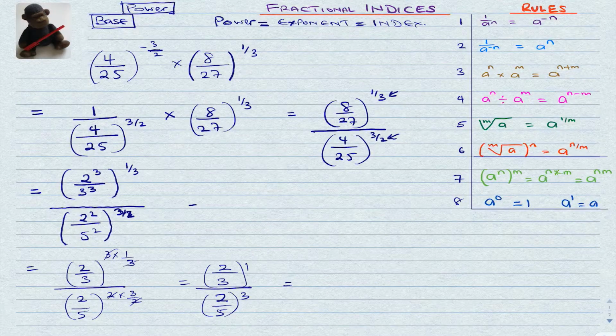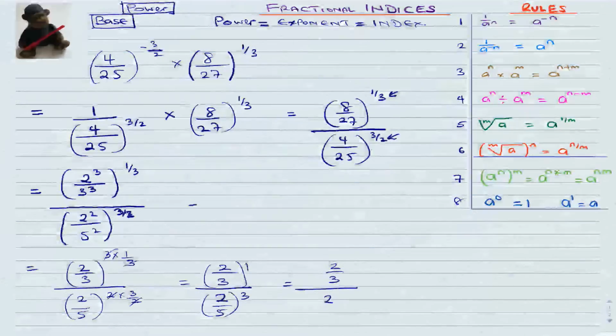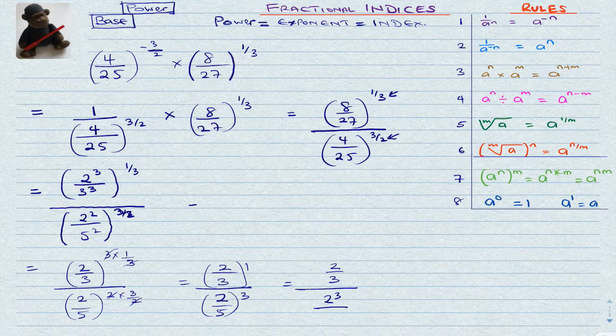And that will give us 2 over 3 divided by, well, 2 to the power 3 is 8, because that'll be 2 to the power 3 over 5 to the power 3.